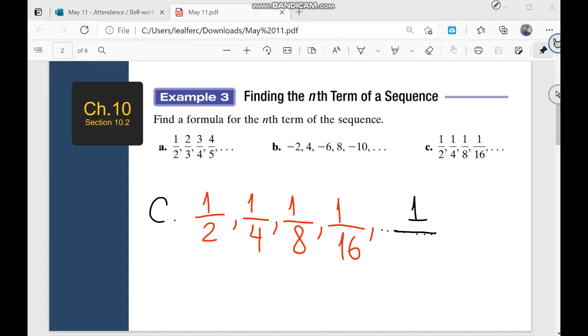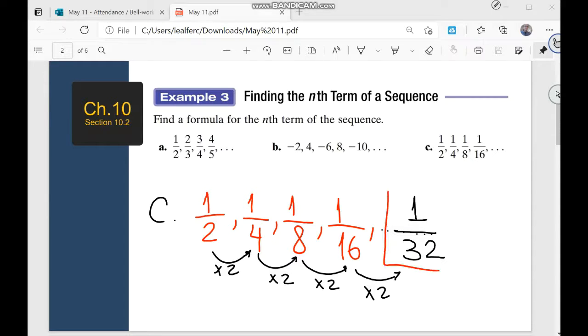What about the denominator? We have 2, 4, 8, 16. What is going to be the next denominator? This is multiplying by 2, right? Multiply by 2, multiply by 2, times 2. And probably we'll have to multiply by 2 again. Yes? 16 times 2, 1 over 32. This is going to be the answer, the next term of this sequence.